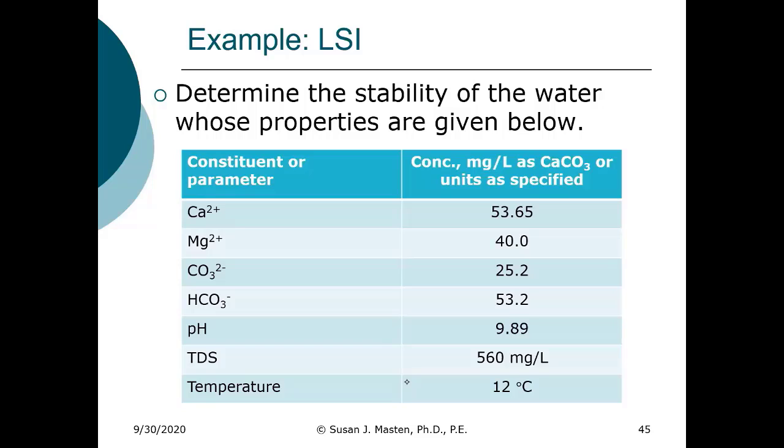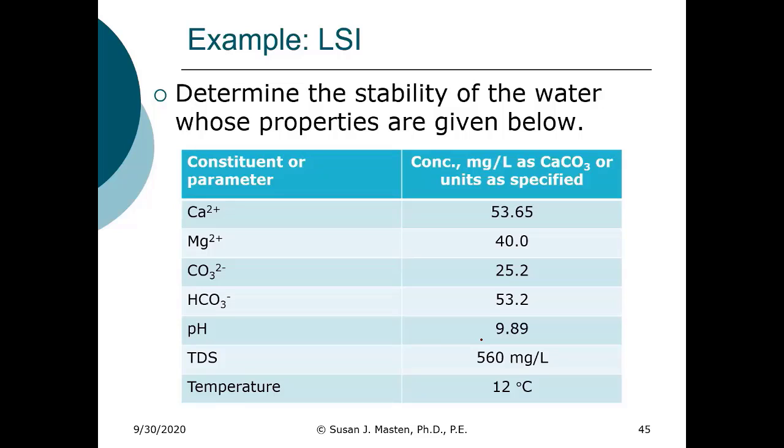You're told that this water has a calcium concentration, in milligrams per liter, of 53.65 milligrams per liter, a magnesium concentration of 40, a carbonate concentration of 25.2, a bicarbonate concentration of 53.2, a pH of 9.89, and a total dissolved solids of 560 milligrams per liter, and the temperature is 12 degrees C.